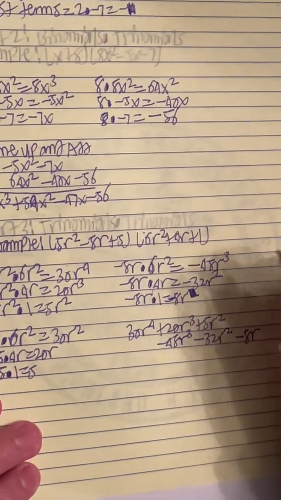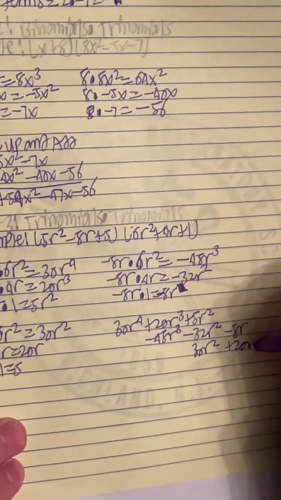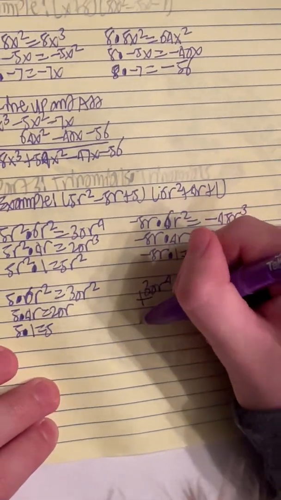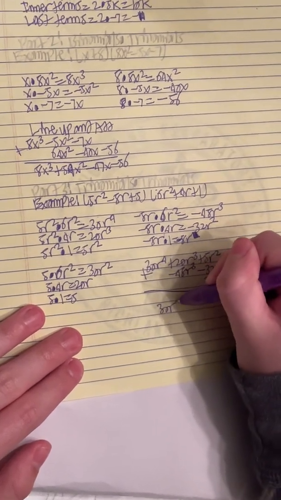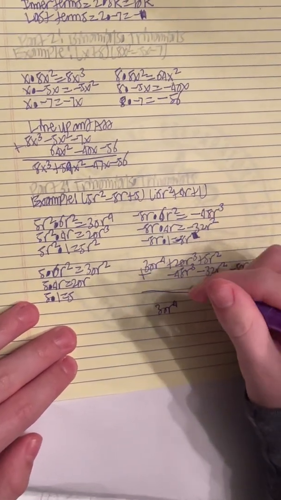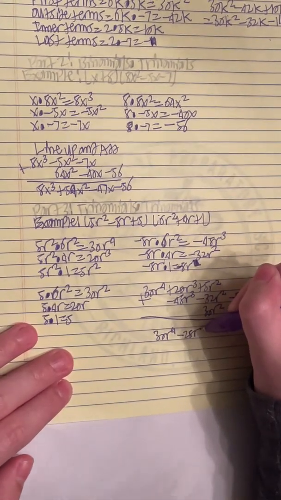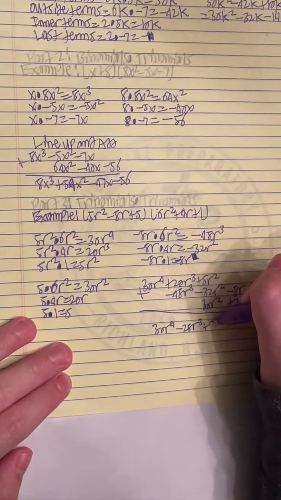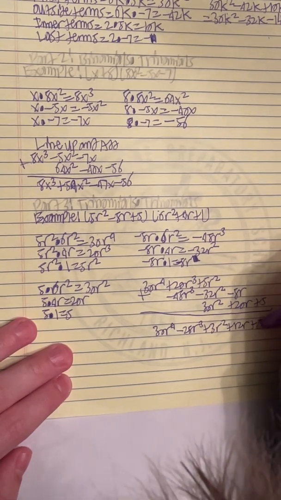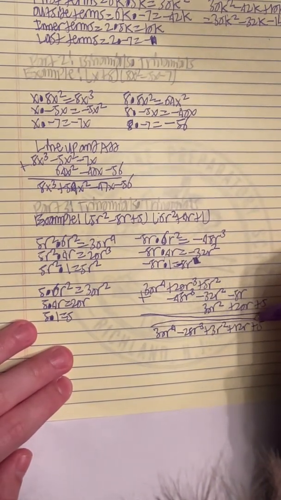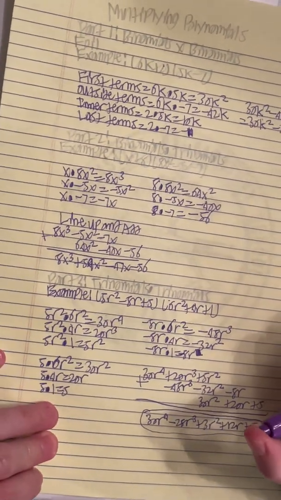And now we're going to line these up. So 8r squared plus 20r plus 5. Now we're going to add all this together. All you're going to do is combine your like terms and add. So your final answer is going to net you this. Very long answer, but in the end it'll get you there.